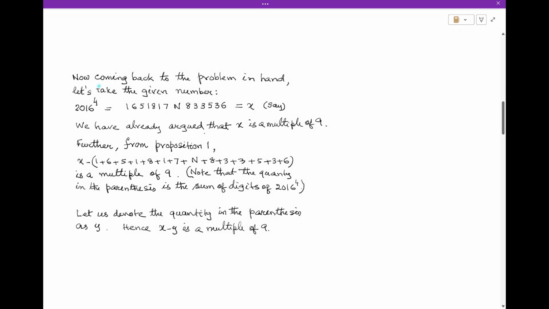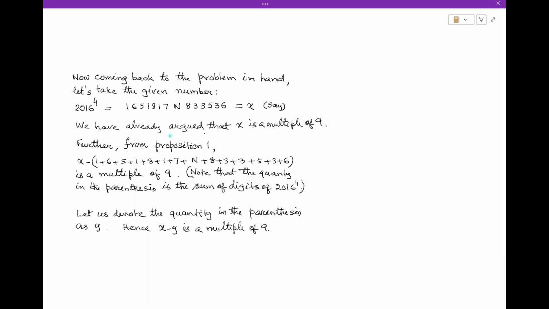Now, coming back to the problem in hand, let's take the given number 2016 to the power of 4, which is 1651817n8335536, and let us call it x.